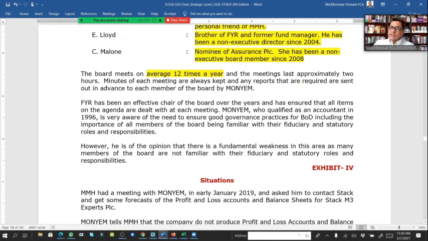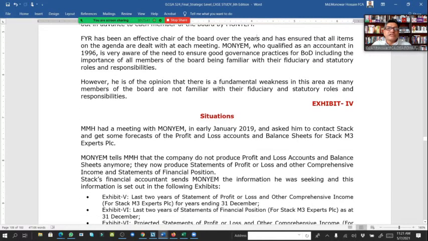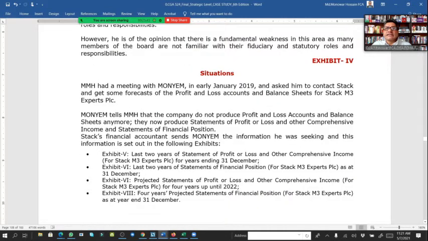So based on the company's work volume, the number of board meetings can change. So this one, and Exhibit 4 says the situation.